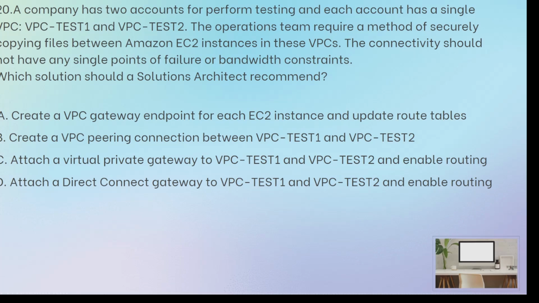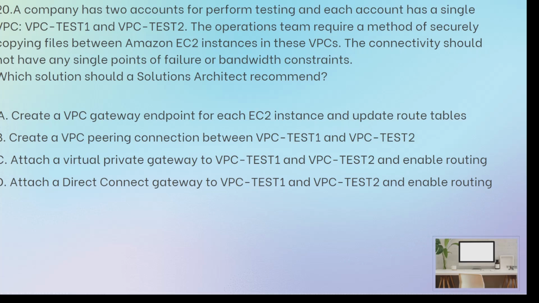So, best is if you have two accounts inside AWS and you are going to transfer some data between those VPCs, VPC peering is the correct solution. So what is a VPC peering connection? It is a networking connection between two VPCs that enables you to route traffic between them. It's like a private connection between them.